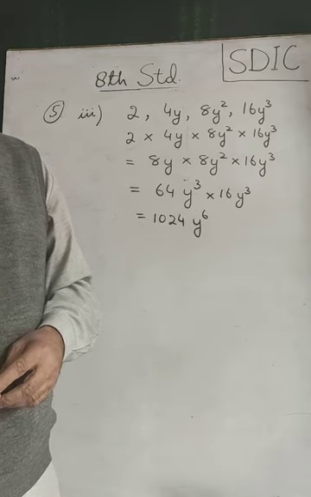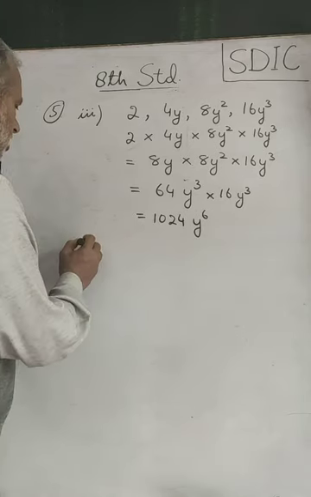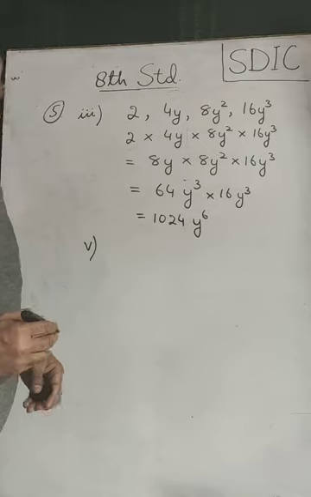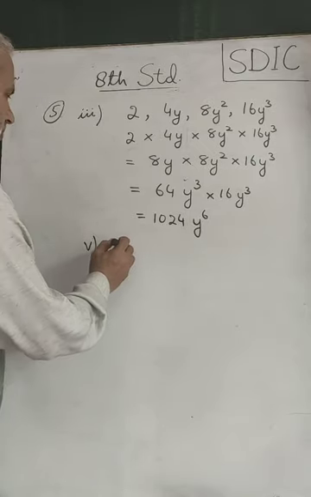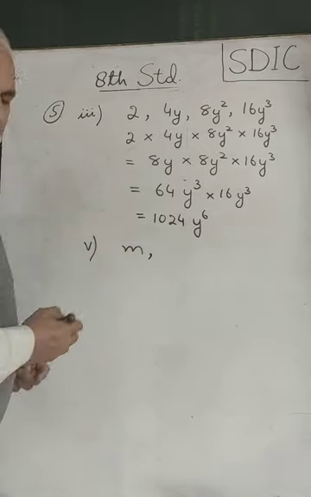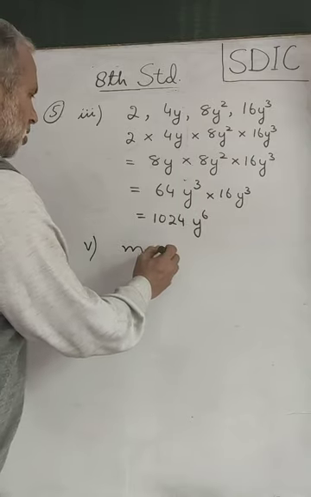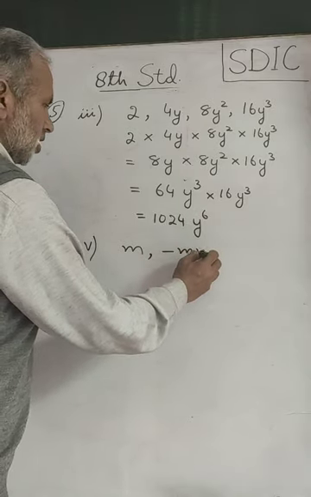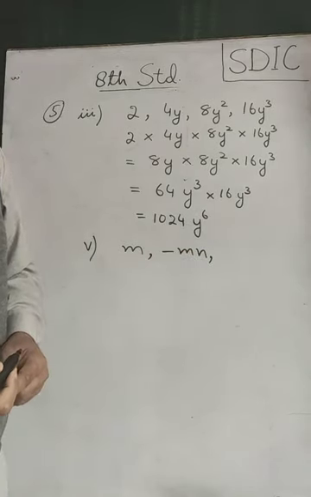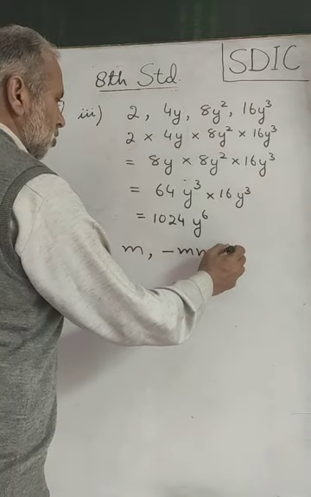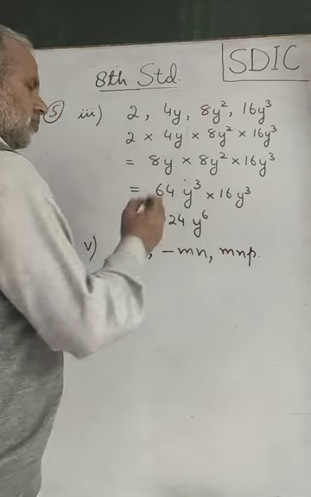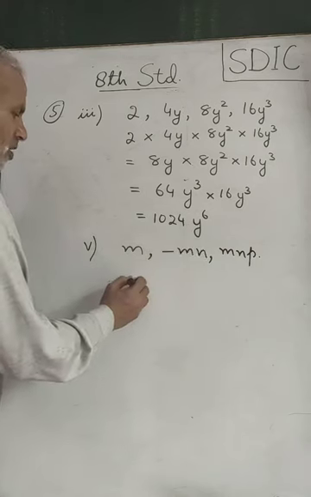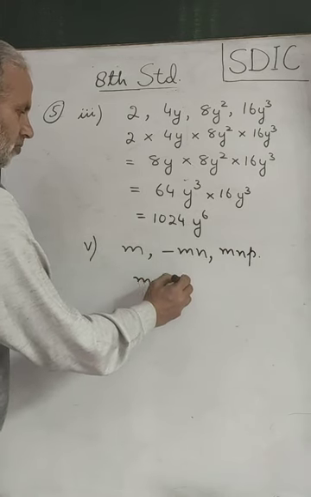Now let us do the last part, fifth part. With that, this exercise will come to end. Fifth part. M is the first monomial, comma, minus mn is the second monomial, then again comma, mnp is the third monomial. So replace commas by multiplication sign.